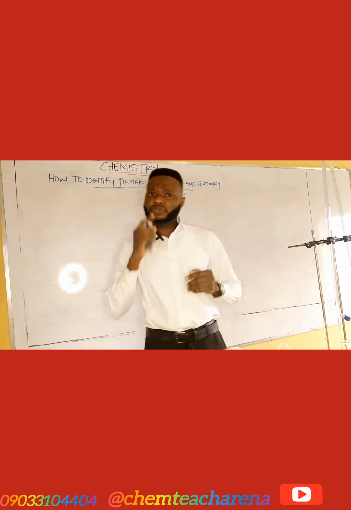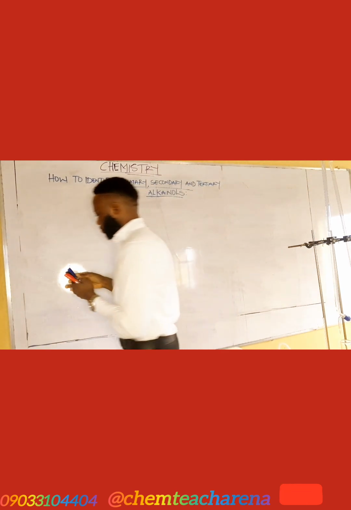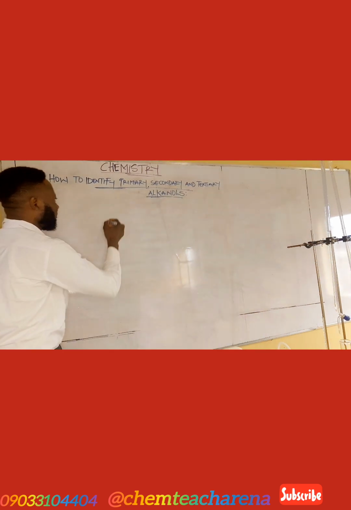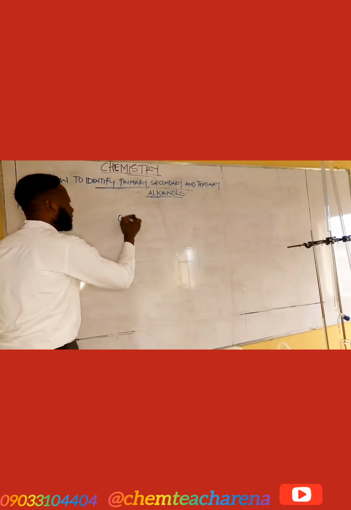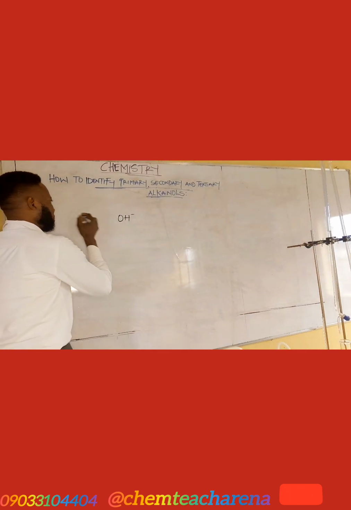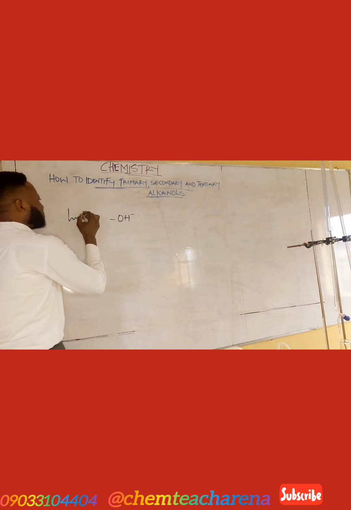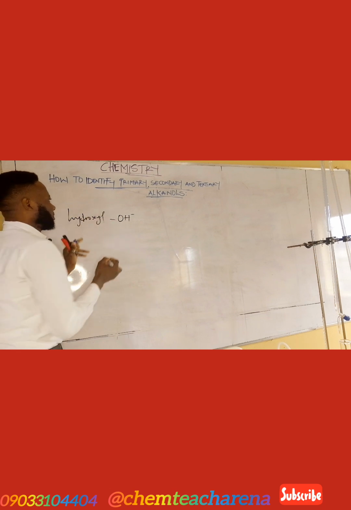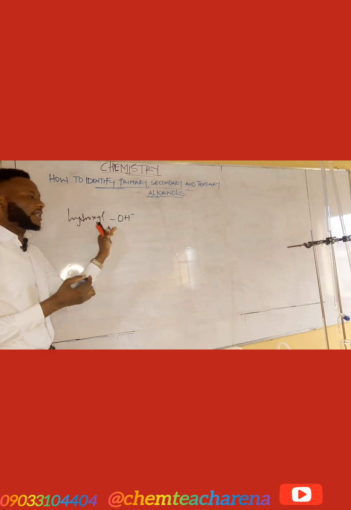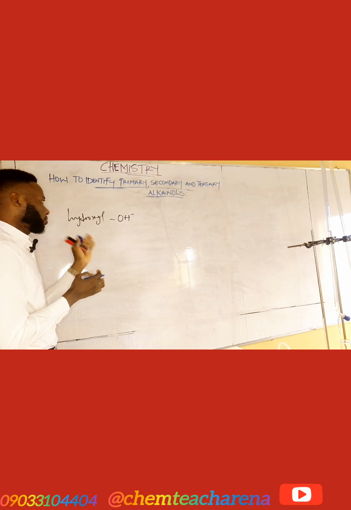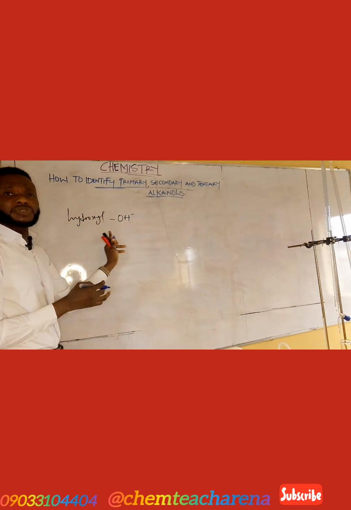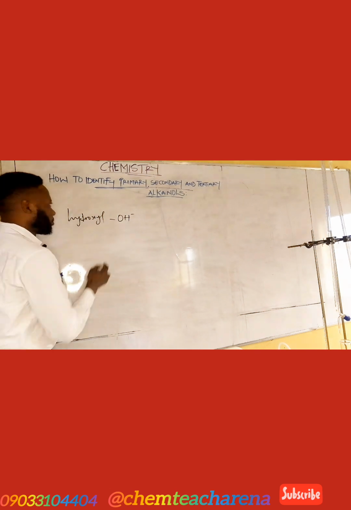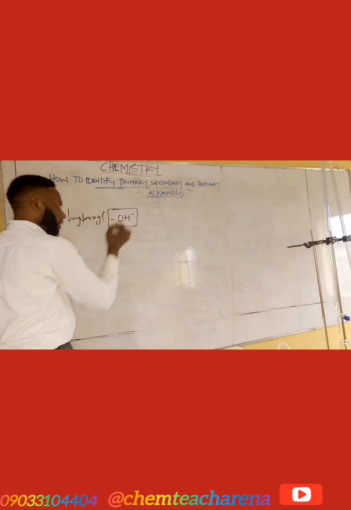CnH2n+1OH. So I said that alkanols belong to a functional group of OH, which we call hydroxyl. Alkanols are organic compounds that belong to this functional group, and the functional group is the hydroxyl functional group, which is OH.